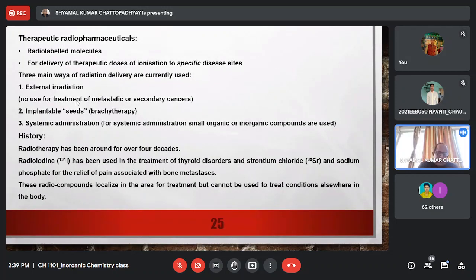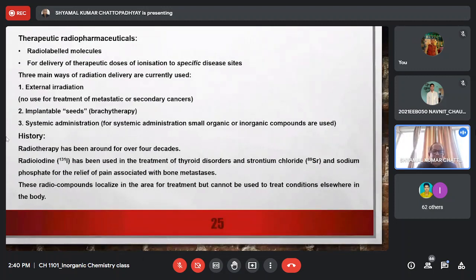Second thing is that it must have an optimum half-life. Now, what is the optimum half-life? The half-life should be such that it can be produced in a reactor, transported to a hospital, and used for medicinal purpose. But the half-life should not be so long. If the half-life is very long, the intensity of the radiation being emitted will be relatively low, and the radiation background will remain inside the body for a long time.